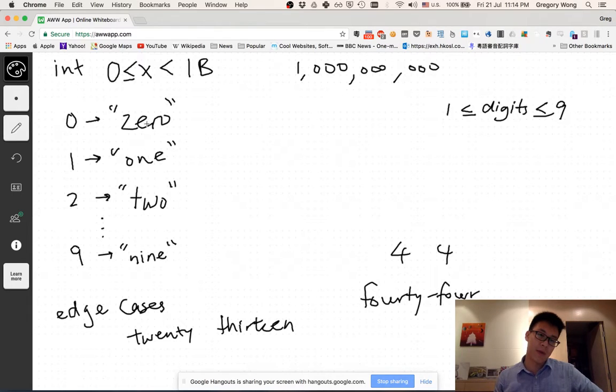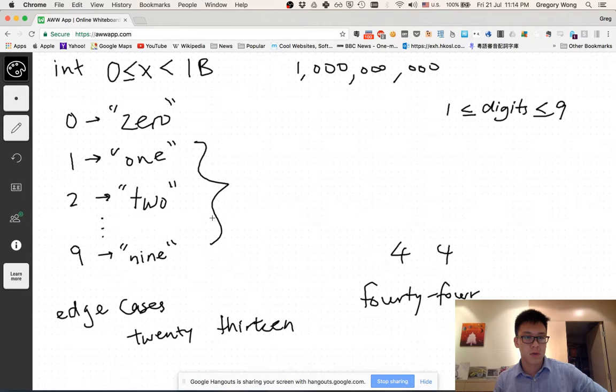I would just map them. For all numbers, I know it would end in one of these English words, except for special cases.